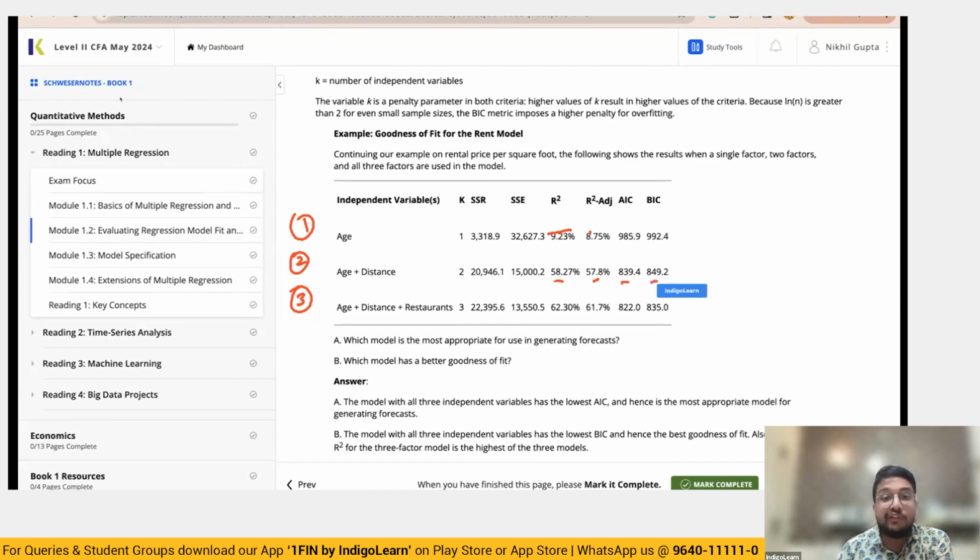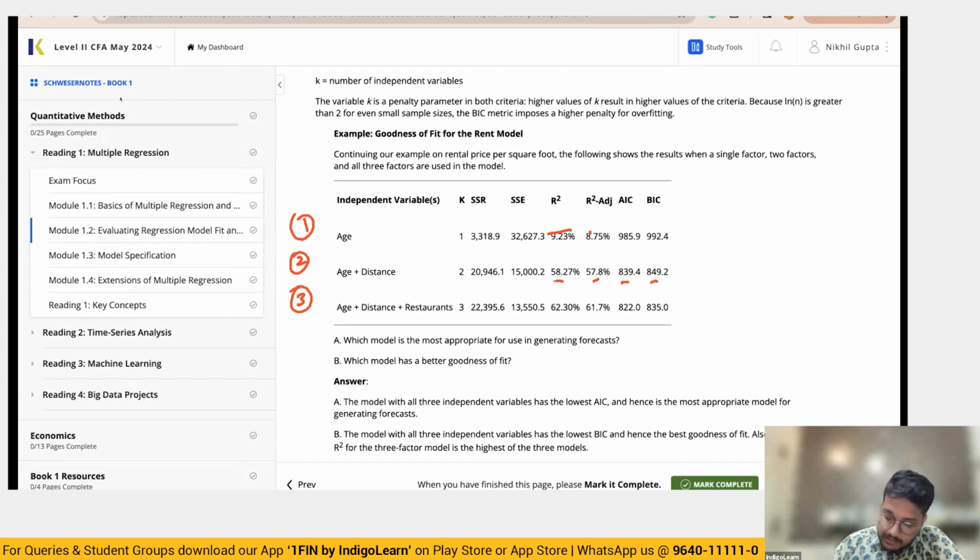And BIC is 849.2. The model which has the lowest AIC is generally more preferable, and the model with the least BIC is generally more preferable. So the lower the AIC and BIC, the better it is for us.